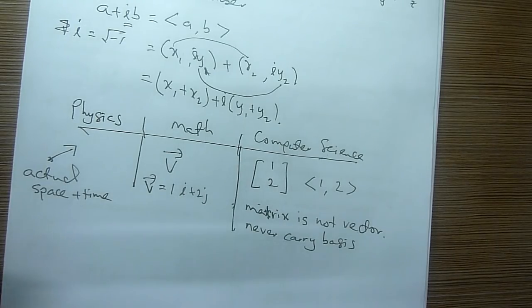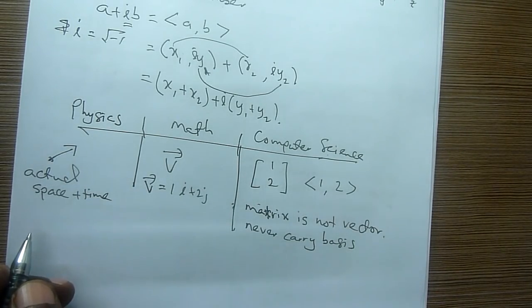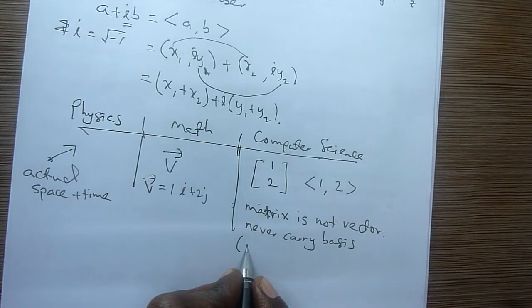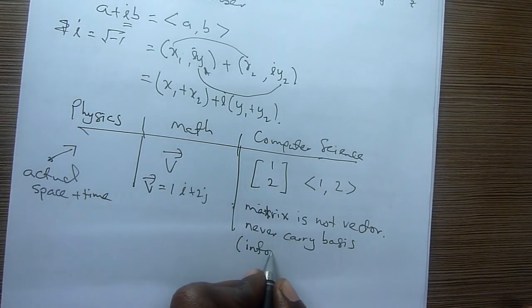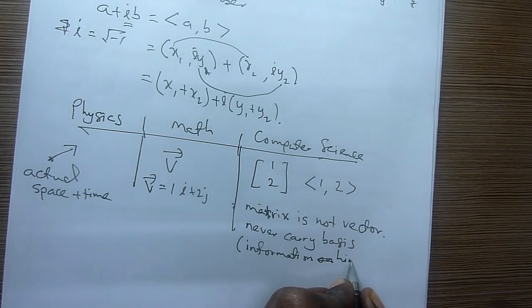It won't be able to detail out the basis of any information. Therefore, a matrix is not a vector. Basis here, as I say, is a kind of hidden information, the hidden insight.